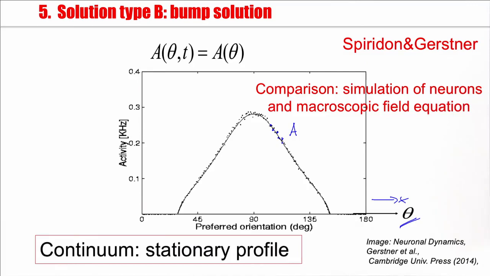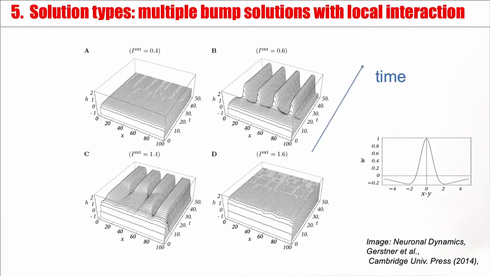Now the solid line corresponds to a solution that's calculated from the field equations. And you see that the simulation nicely matches the solution of the field equations for this bump solution.